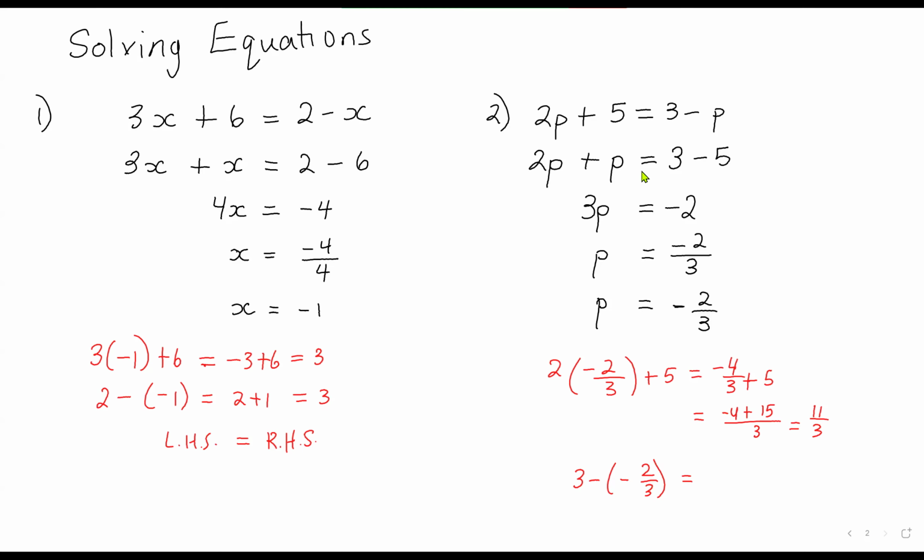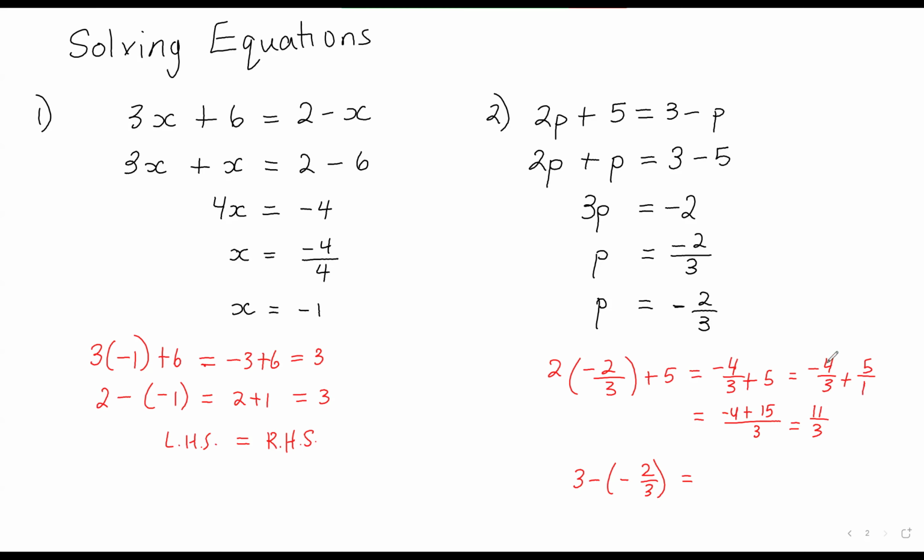What you would have to do there, remember, with fractions, if you're adding a whole number, this would really be negative 4 over 3 plus 5 over 1, right? You have to find the common denominator first. The lowest common multiple of 3 and 1 is 3.